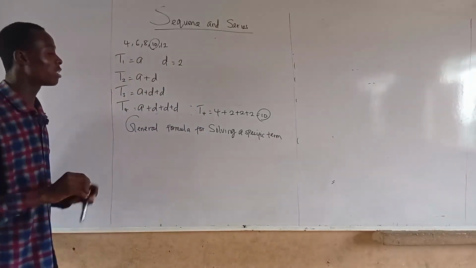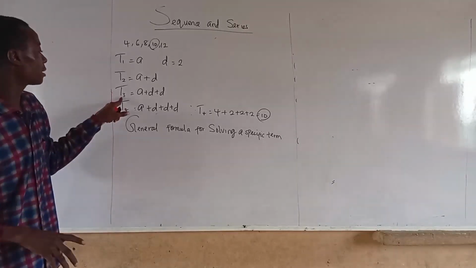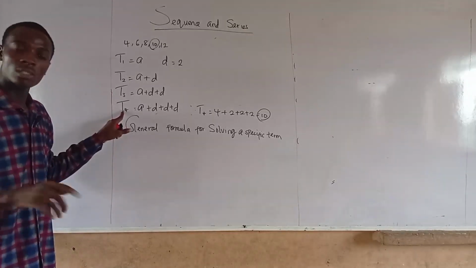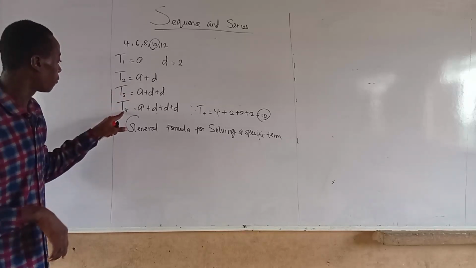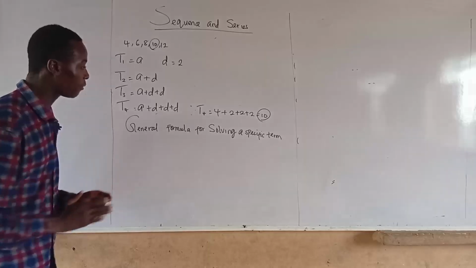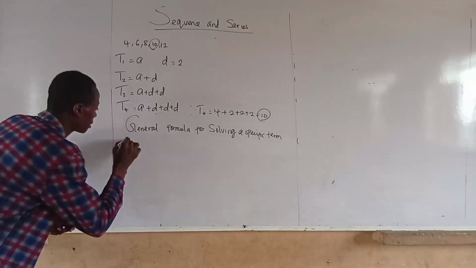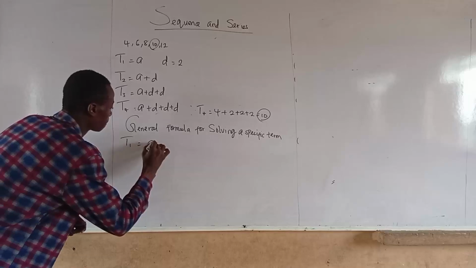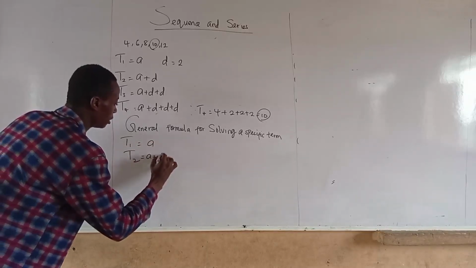It can only solve a specific term. For instance, the formula that can solve the third term cannot solve the fourth term. The one that can solve the second term would not solve the question for the fourth term. Hope you understand. So it is a general formula for solving a specific term. So our T1 is A. Our T2 is A plus D, right?